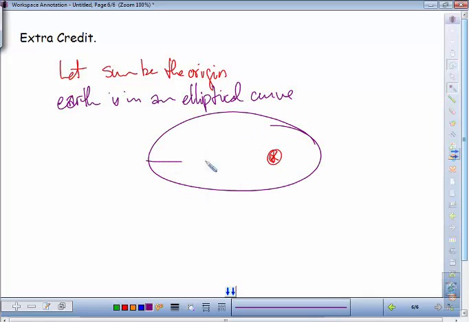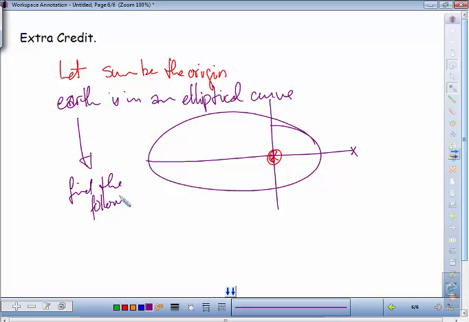Let's make the major axis just along the x-axis. And it doesn't matter if it's on the x positive side or negative side. So what you need to find is the eccentricity. This is a lot for 1 point.